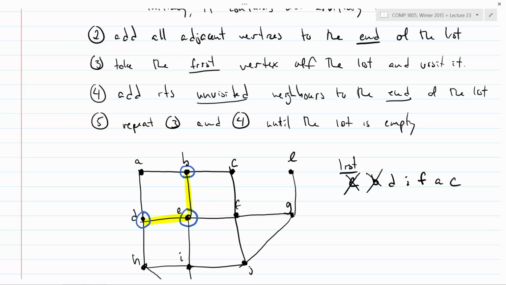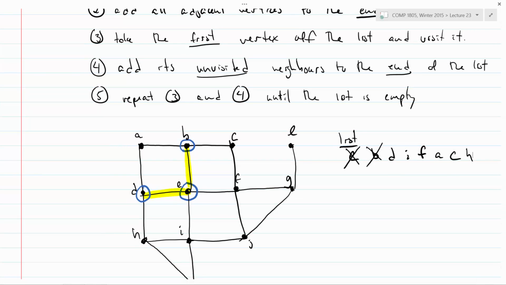Now I add in the unvisited neighbors of D, which are A and H. Well, A is already in there, so I'm not going to add it again. I'm just going to add on H. There's no point in putting A again. You could, but now you have to keep track of removing it the other time.